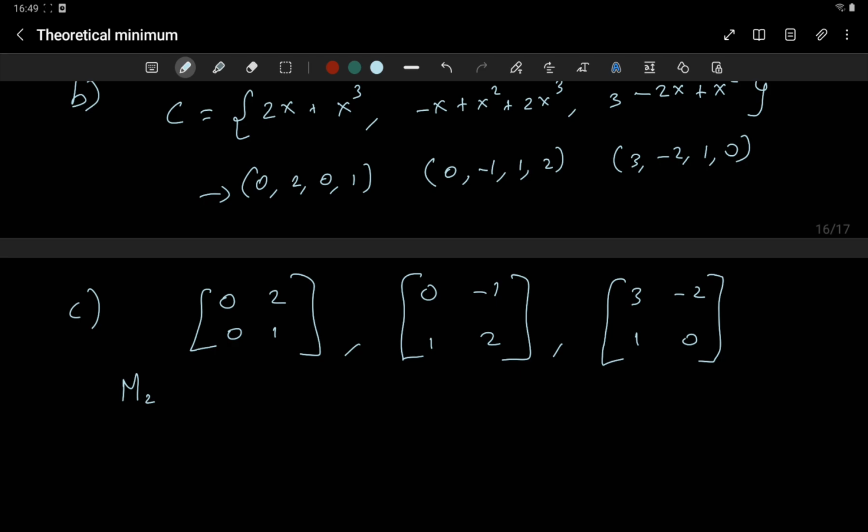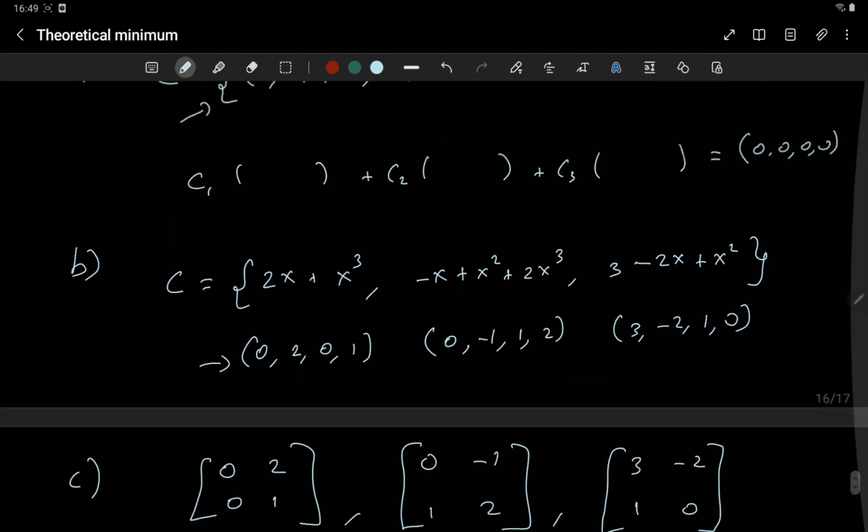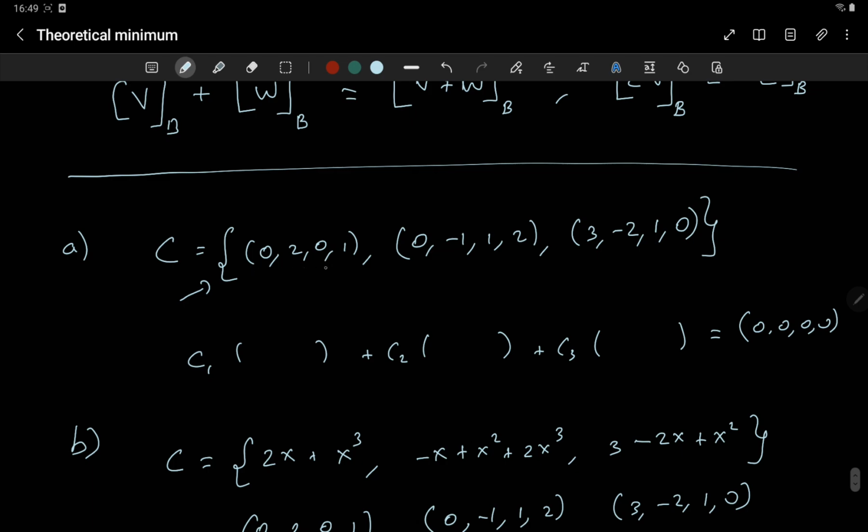What is 0 2 0 1? No, that's a vector, but the basis is what I'm asking. See, in this case, what is the basis? 1000 is one of the bases, 0100 is another basis.